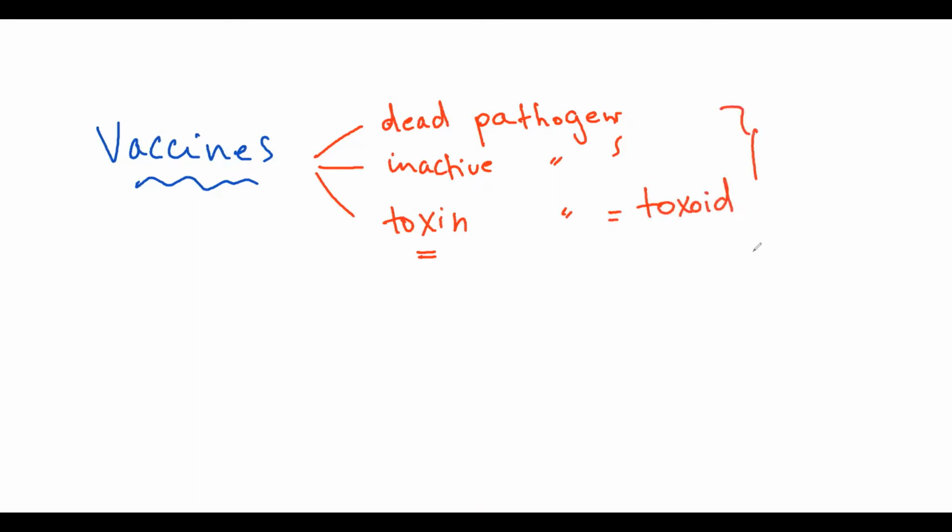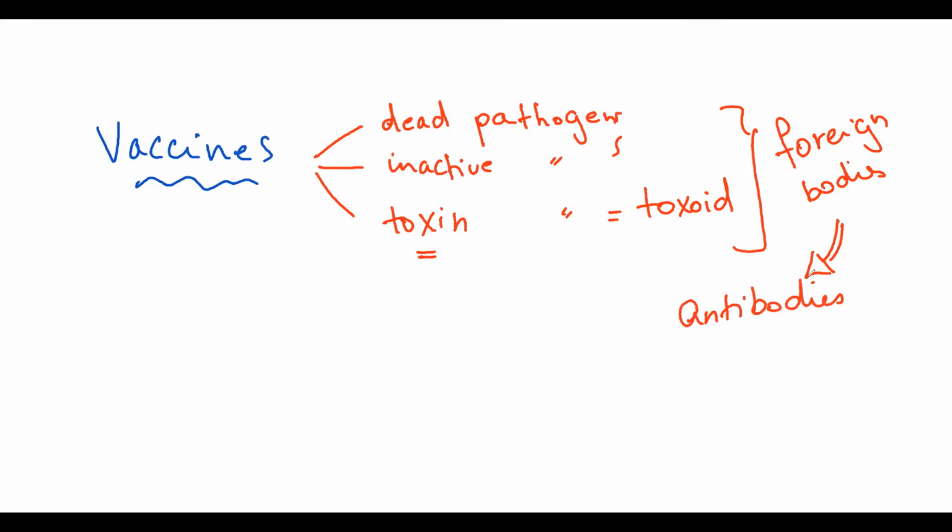All these act as foreign bodies that will induce the formation of antibodies inside the person who received these vaccines. It means that with the vaccines, we are introducing the pathogens or the toxins of the pathogen inside the body to stimulate the immune system to produce antibodies.